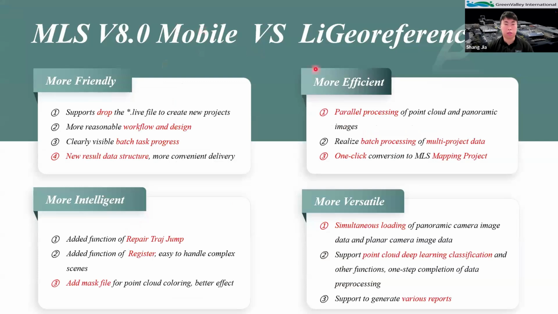So this showcases the difference between the MLS version 8 mobile processing versus the previous mobile processing, for which we had to use Georeference. So it's more user-friendly, more efficient, more intelligent, and also more versatile.